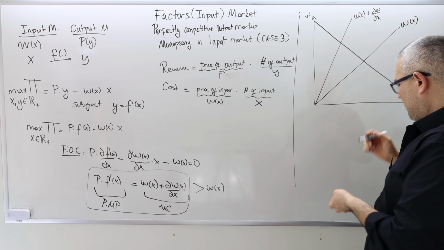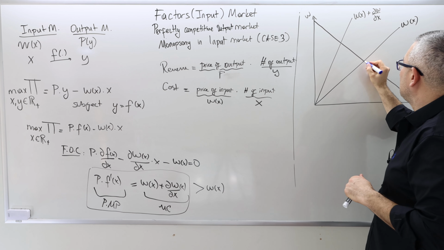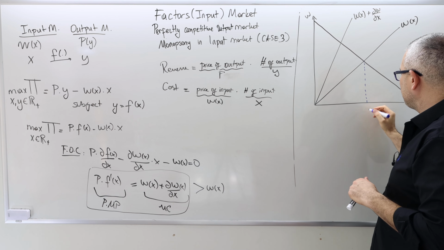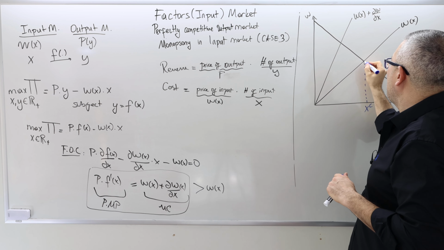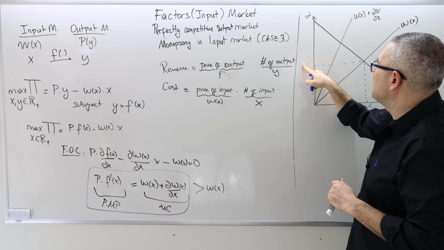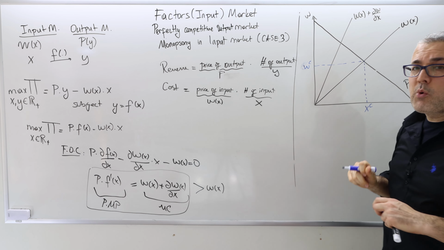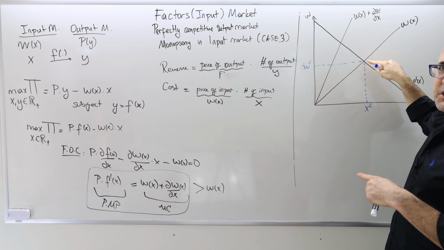So, therefore, the optimal number of laborers the competitive firms would hire is xc, and the wage the competitive firms would pay is wc. However, the marginal revenue equals marginal cost, right?